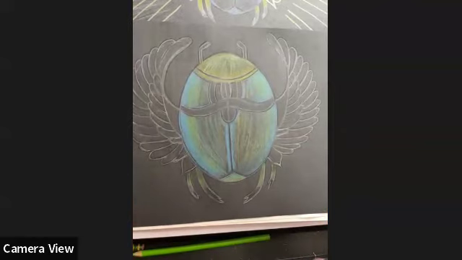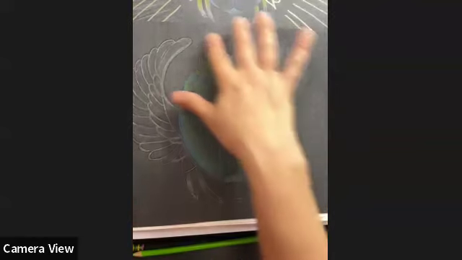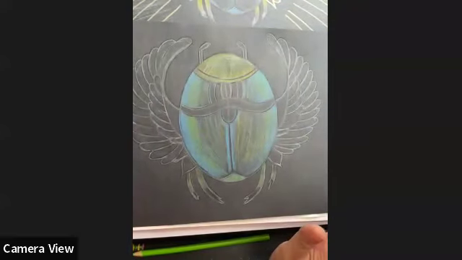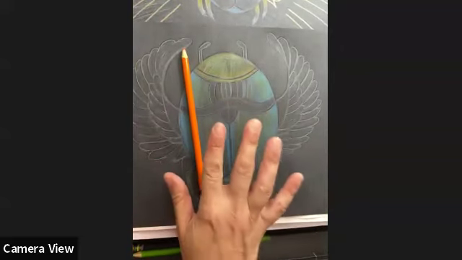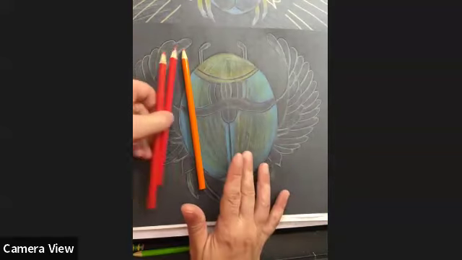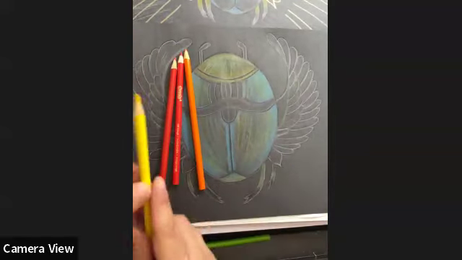But then we finally move on to our feathers. And our feathers are the combination of the orange, the reds. You can also add some yellows.